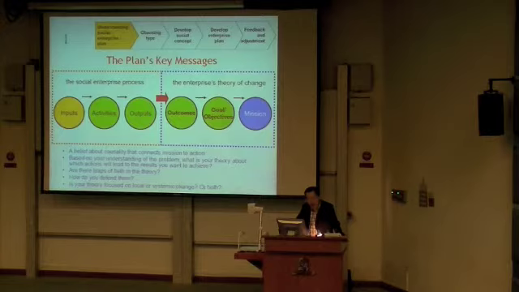Throughout the social enterprise process, we need to ingest some inputs. Inputs may be time or resources, people, money, and then we conduct some activity to provide some outputs. Outputs will become an impact or an outcome, and then we can achieve the goals and satisfy the mission.